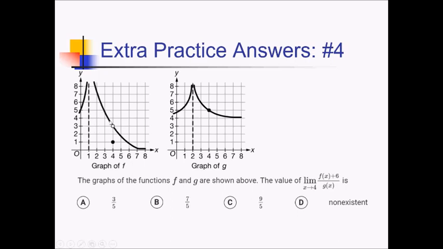There's a hole there, but we're at least approaching 3. So we can rewrite this numerator as 3 plus 6. Now looking at the g function, as x approaches 4 from the left and the right side, we're approaching the y value 5. So we can write 5 in the denominator there instead of g of x. So this is 9 over 5, which is one of the answer choices, choice C.